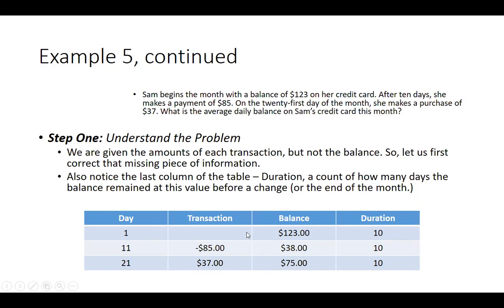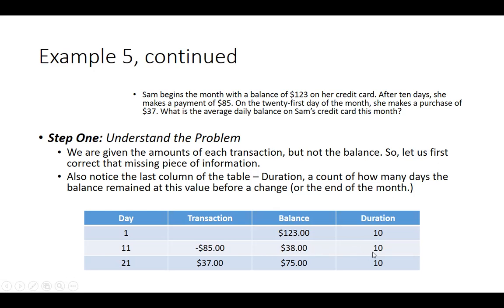Day 1, there was a $123 balance. It stayed that way for 10 days. The problem says after 10 days, she makes a payment of $85. So on day 11, there is a transaction of minus $85, leaving the balance at $38.